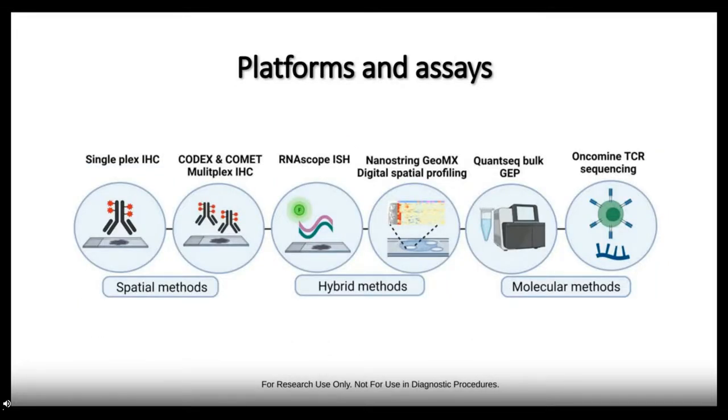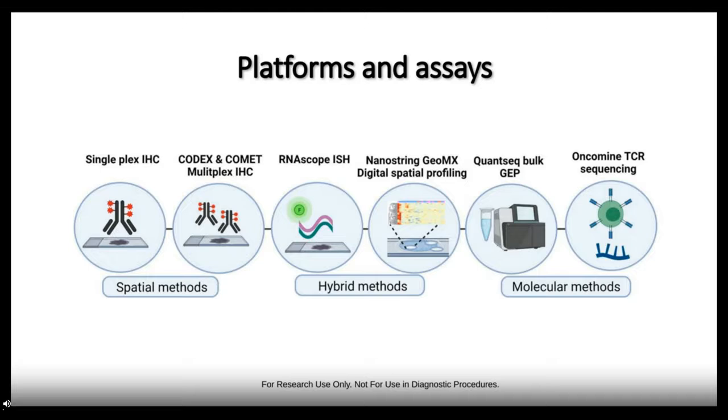So here's an overview of the assays we've used. We've used spatial methods here on the left, either single-plex immunohistochemistry or higher-plex Codex and Comet multiplex immunohistochemistry. On the right, we've got the molecular methods, which are Quant-Seq, the RNA transcriptome analysis. We've also successfully performed T-cell receptor sequencing on a range of samples. In the middle are some interesting hybrid methods. These include RNAscope, which detects RNA in different parts of the tissue, and the NanoString that Kelly's already outlined.